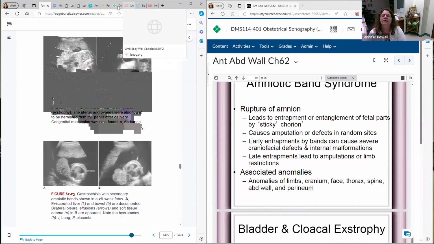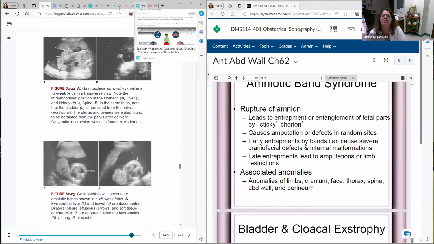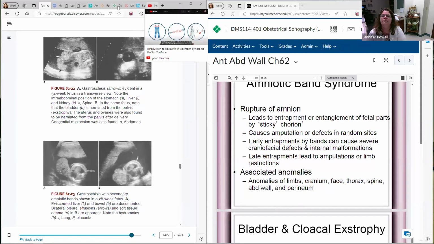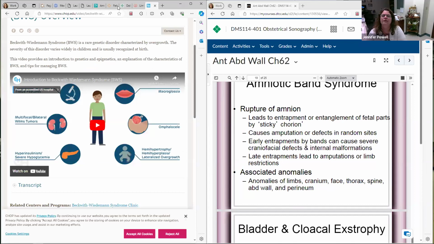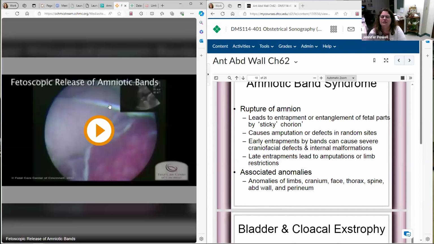The amnion comes away from the chorion, and it creates bands, and the bands can wrap around body parts and cut off circulation to those body parts.